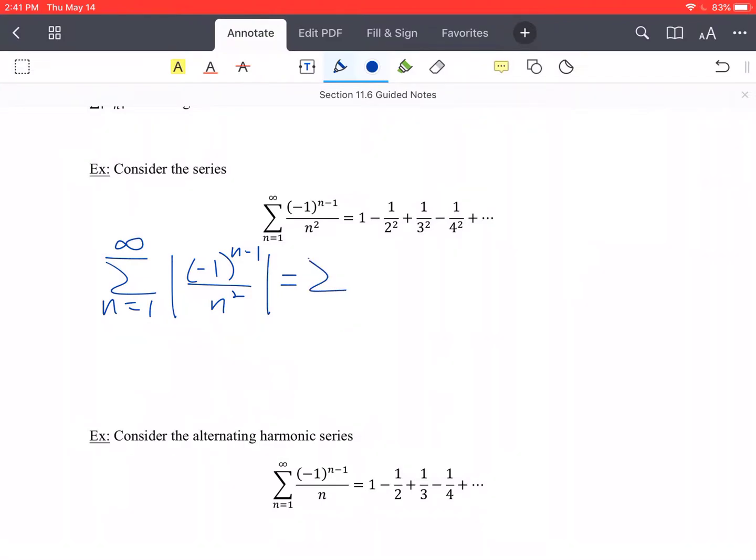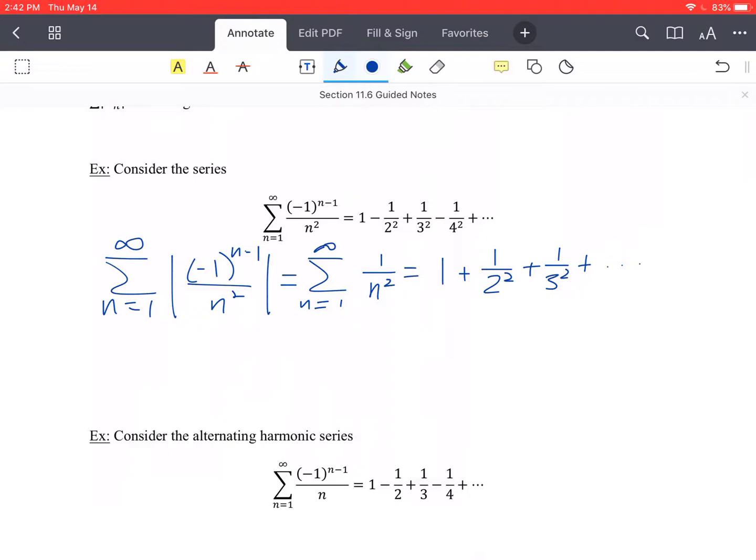So this is just going to be the series 1 over n squared, right, which is 1 plus 1 over 2 squared plus 1 over 3 squared, etc.